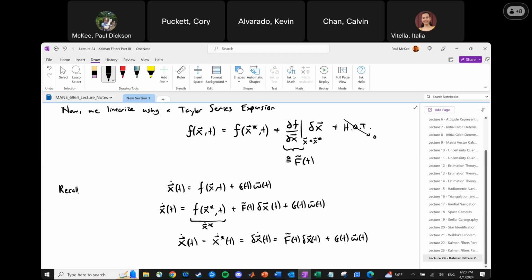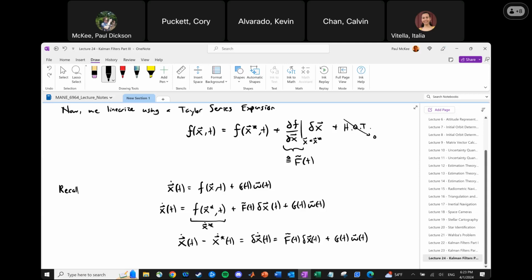So essentially, if we linearize, now what you'll notice, we're not saying that the state is updated using this f. We're saying the deviation of the state from some reference trajectory is updated using f. But that's actually good enough for our purposes. So we can charge forward with this. This is f tilde of t.